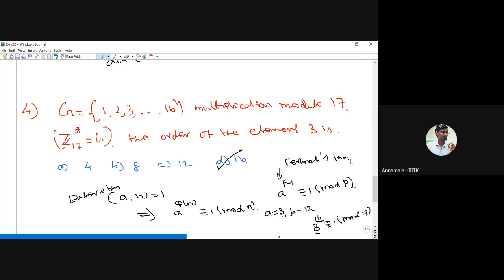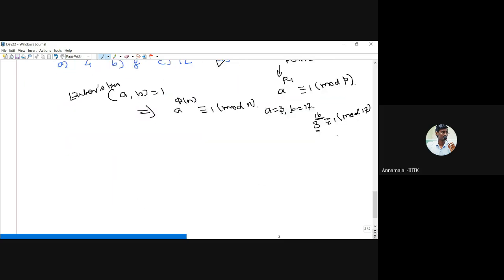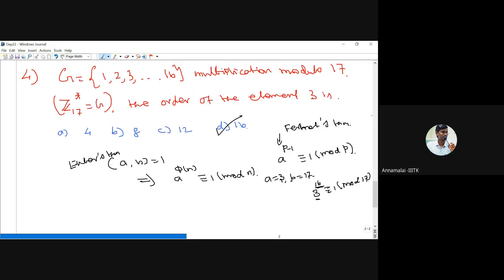Now, the next problem. So, any doubts so far? Okay. The next problem. I already said what the dimension of a skew symmetric matrix is. Maybe I read the problem. I think it's the fifth problem.